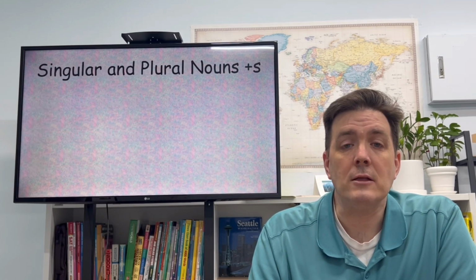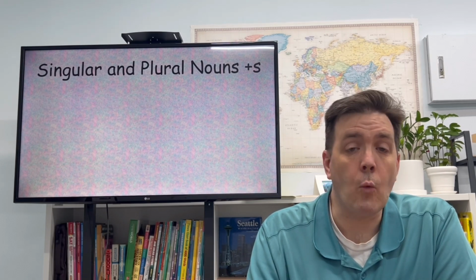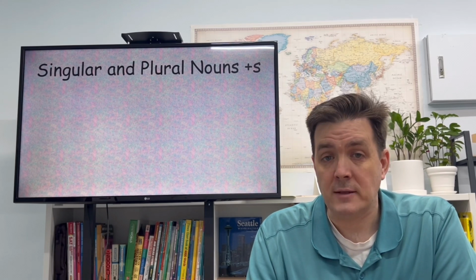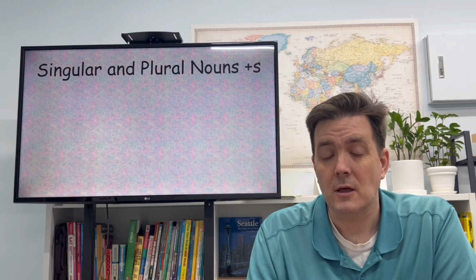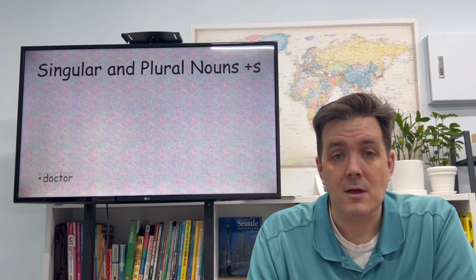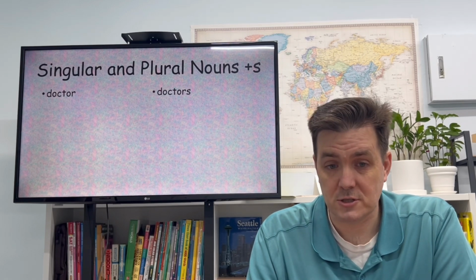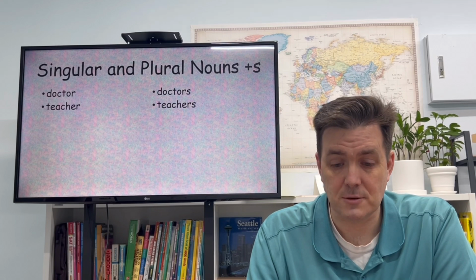Now, in English, when you make a noun, it's very important to know if you have one or more than one. So the easiest way to make a noun plural is to add an S to it. So look at these different examples. We have one doctor and we have two doctors. We have one teacher and two teachers.